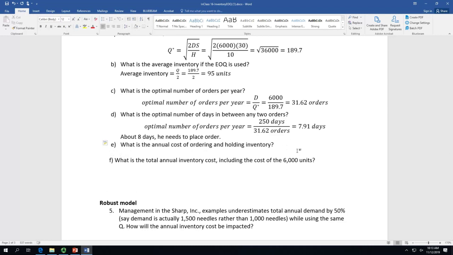What is the annual cost of ordering and holding inventory?